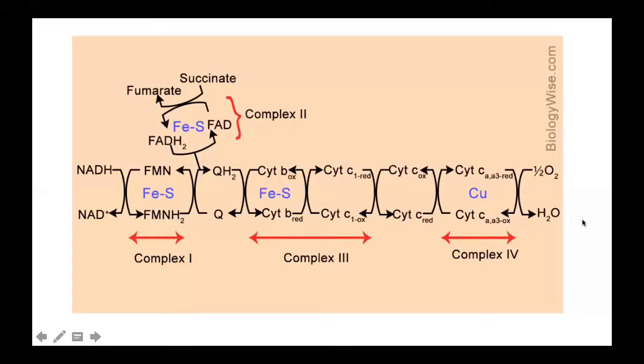At complex 4, the electron received is taken by a molecular oxygen here, to yield a water molecule. This conversion occurs in the presence of copper ions and drives the oxidation of reduced cytochrome C.